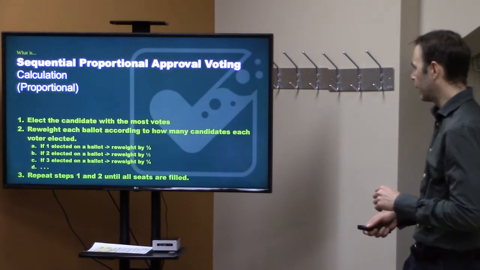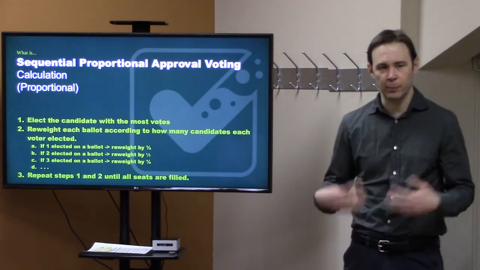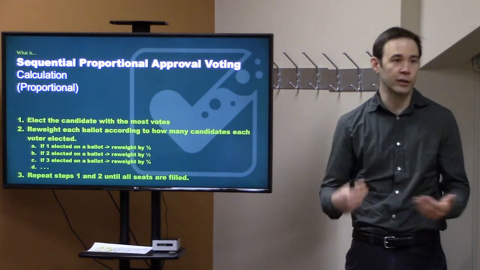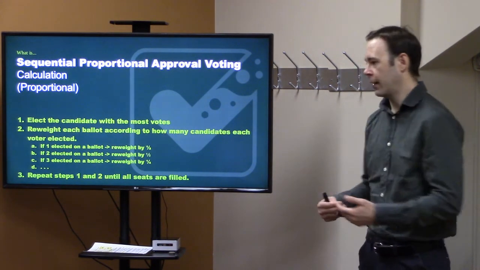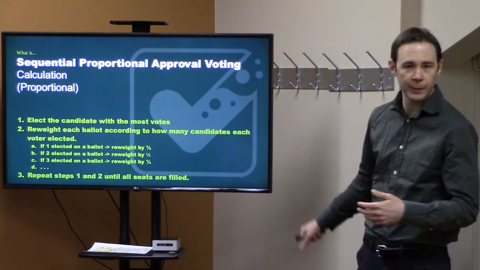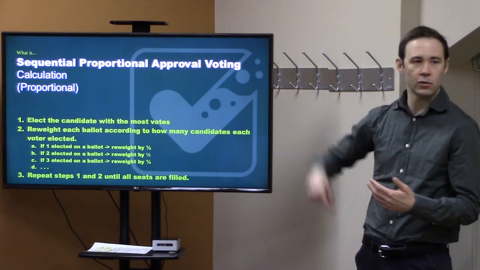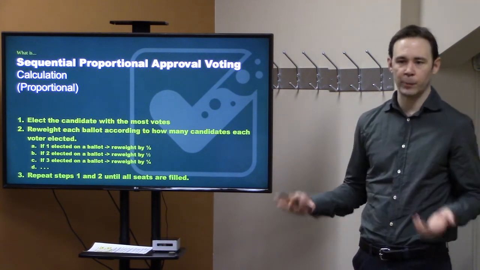The way that sequential proportional approval voting works is reweighting. Imagine in the first round, you're just choosing as many candidates as you like, and then you just see who has the most votes. So it's a normal approval voting winner.